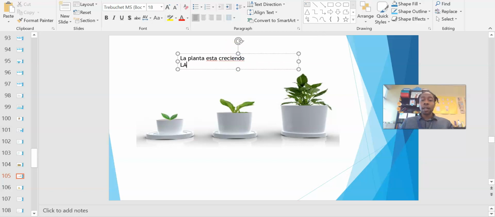We're going to do las plantas están viviendo. Did you guys think of something different? The plant is growing. The plants are living. Sí, están tomando el sol. All right, last one.